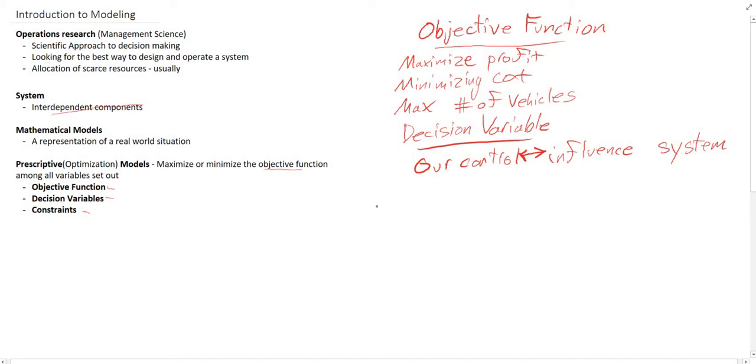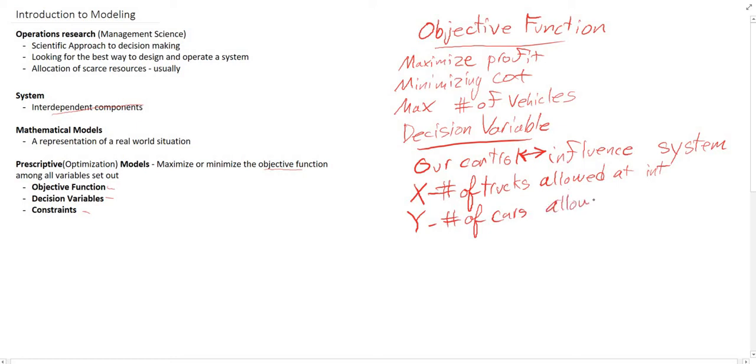A couple examples of this would be X being the number of trucks allowed at the intersection, and Y being the number of cars allowed at an intersection.